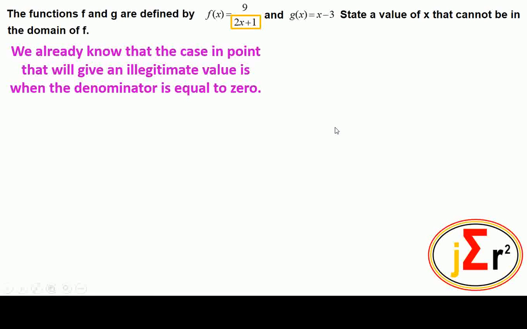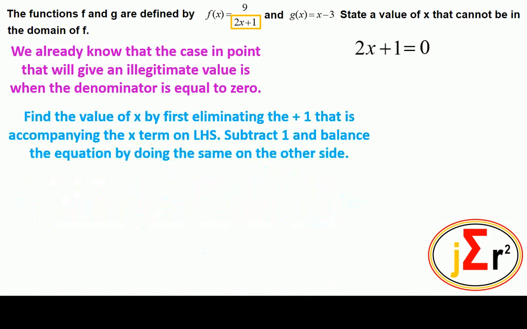Now, we already know the case in point, and the case in point is when the denominator is equal to 0. We already know that the case in point that will give an illegitimate value is when the denominator is equal to 0. So we are going to equate the denominator to 0, and we will solve that equation.